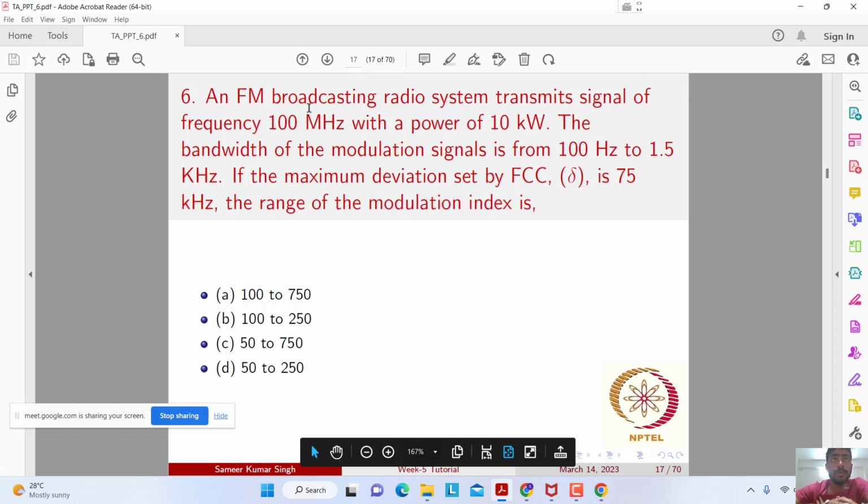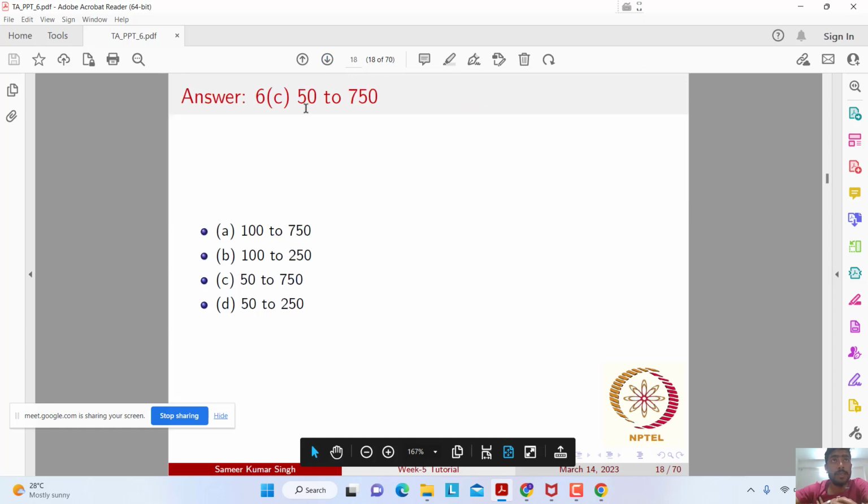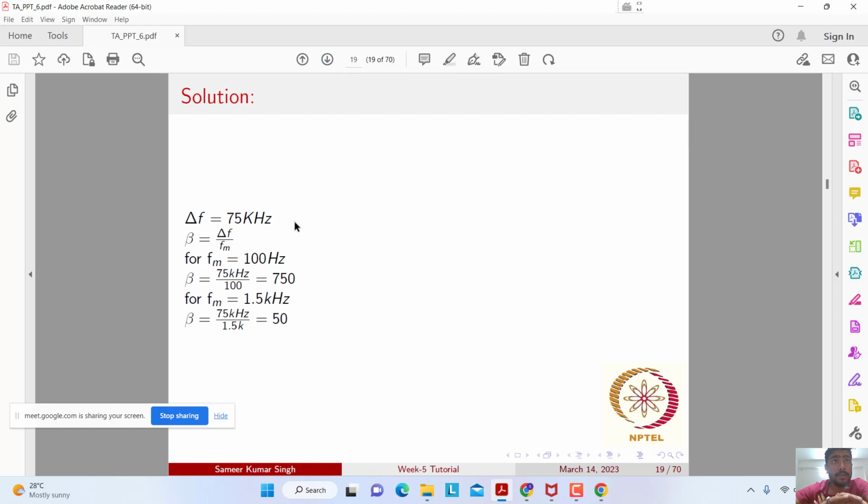Okay, so the answer will be C part, 50 to 750. So that is the explanation. The message signal is varying, and we have a maximum frequency deviation of 75 kilohertz. First we calculate the modulation index for 100 hertz, then we will go for 1.5 kilohertz. Just apply the formula beta equal to delta f upon fm.